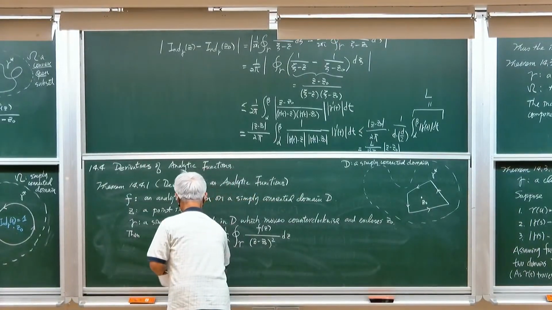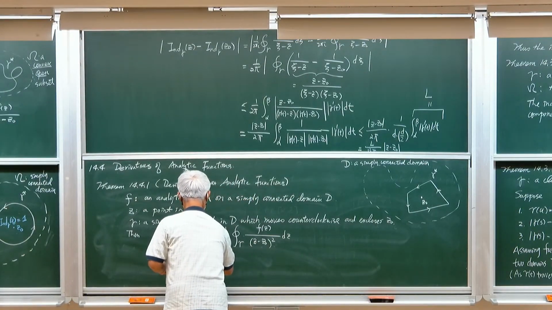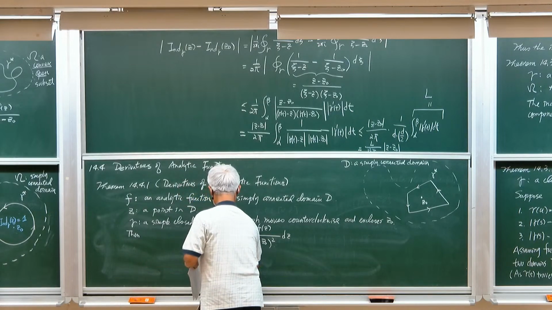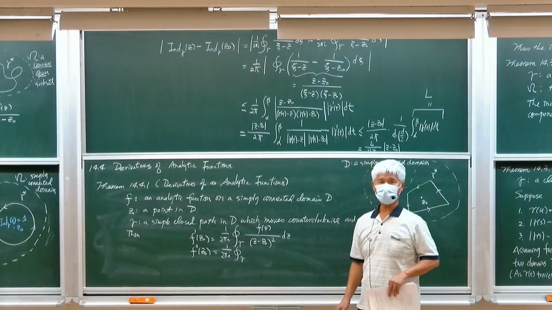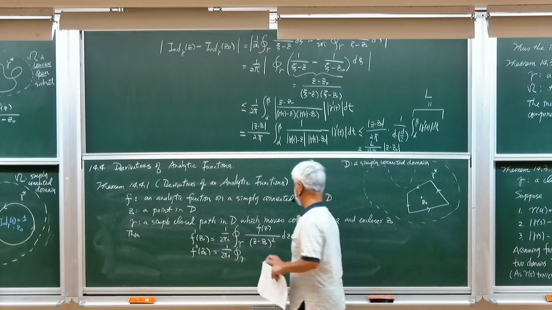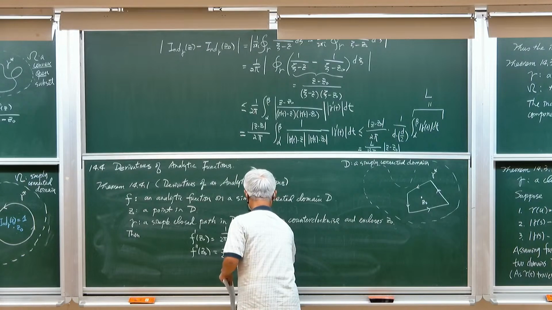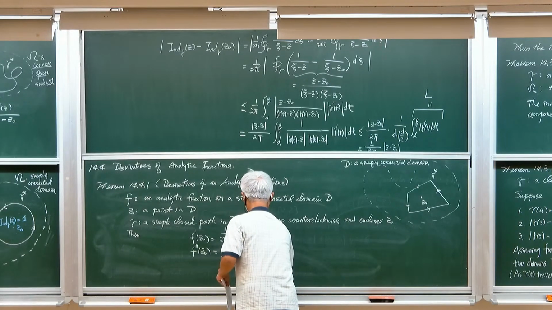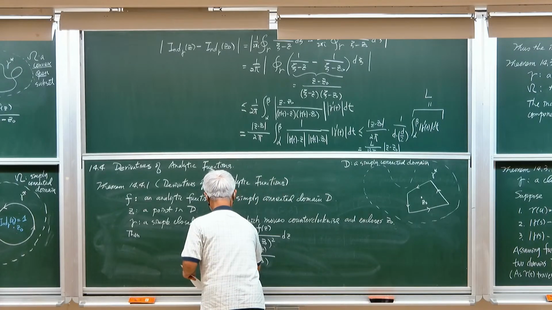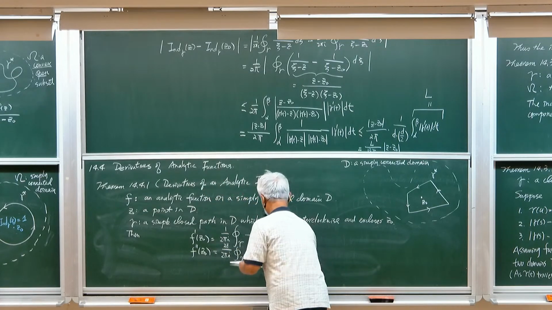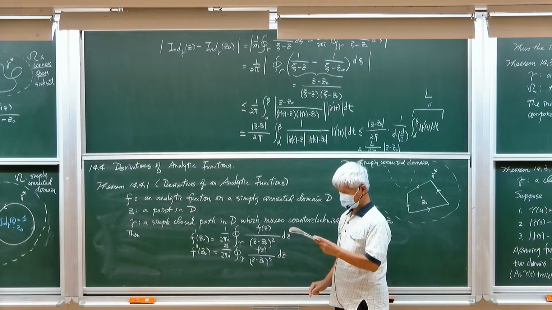And we also have the second derivative. And the second derivative becomes the line integral over the simple closed path. By this time, the integrand would be (z minus z0). And, oh, by the way, I forgot to put 2 factorial. And this is the third power.